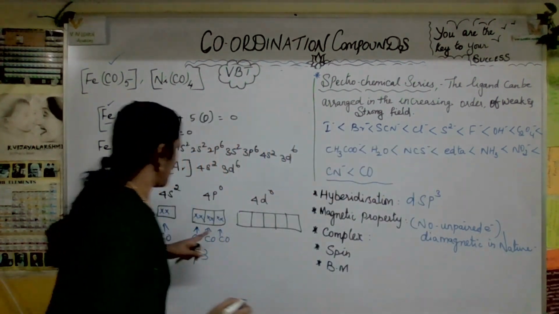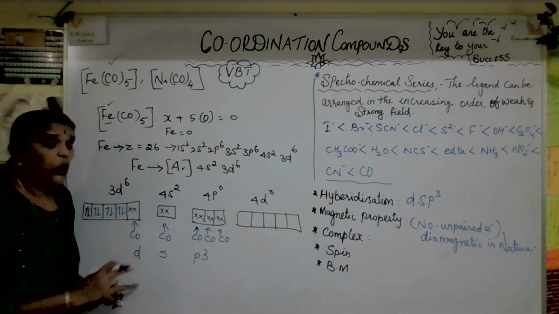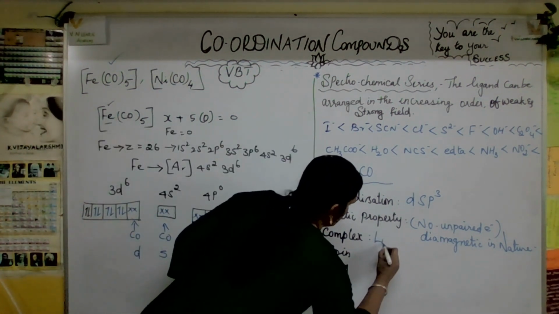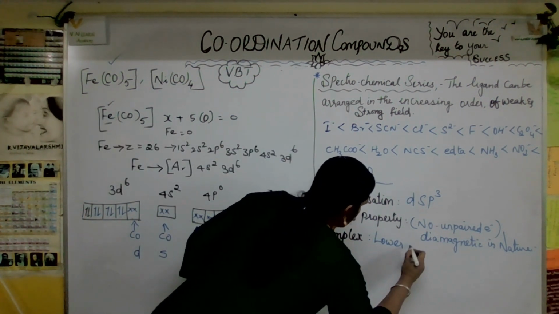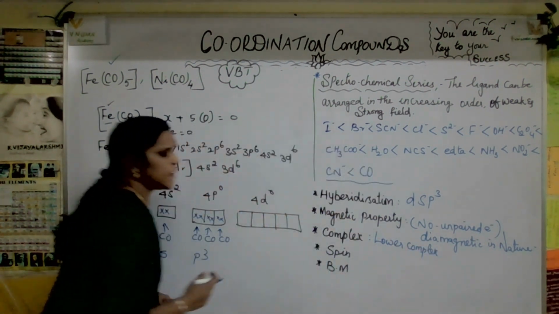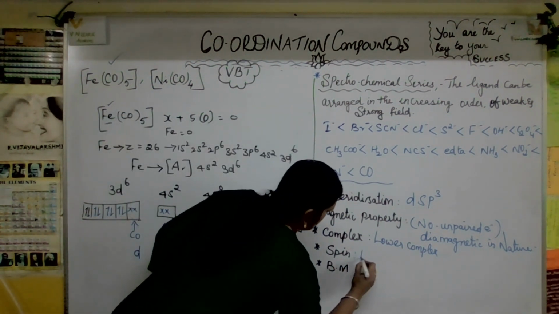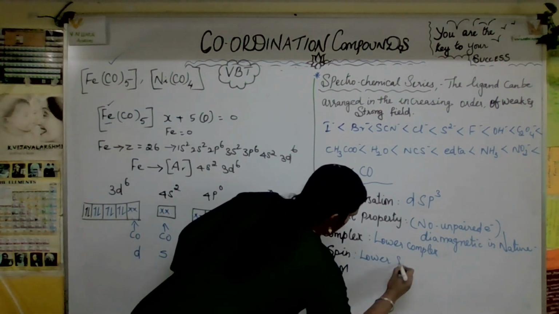Since d comes first, it is an inner complex, a lower complex ion. The same way for spin, lower or higher? Naturally it is a lower spin.